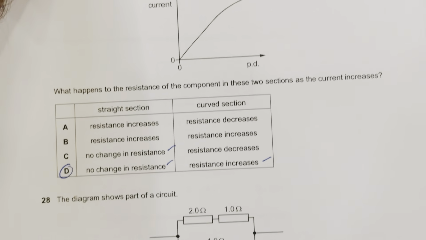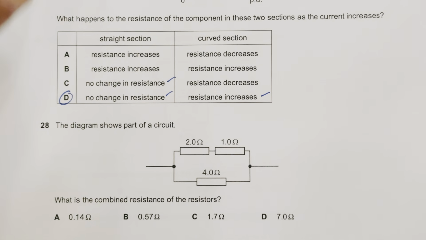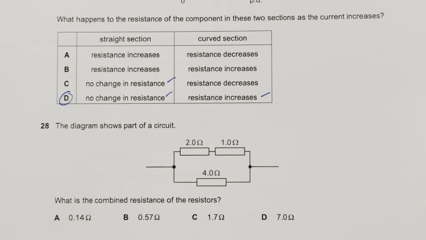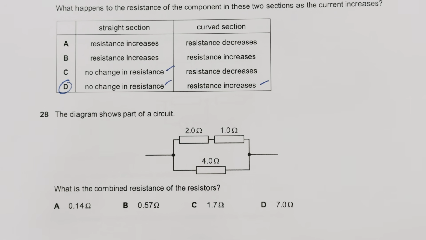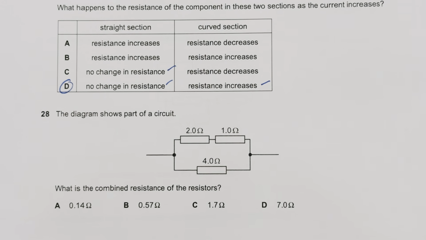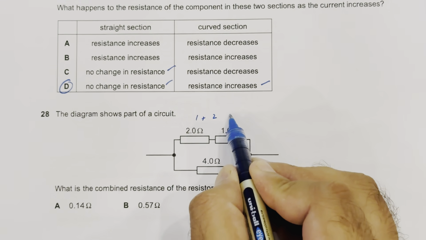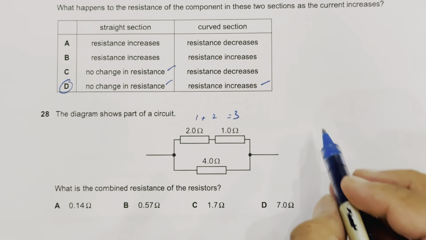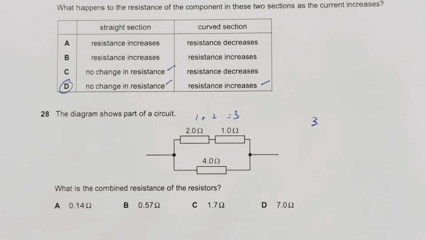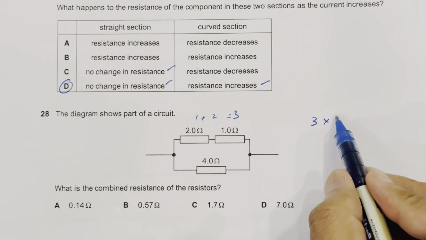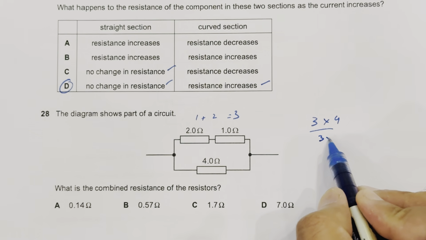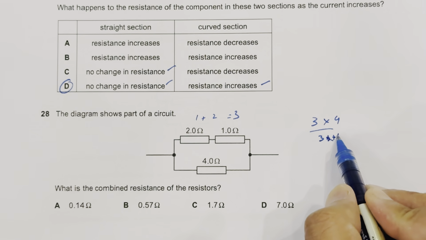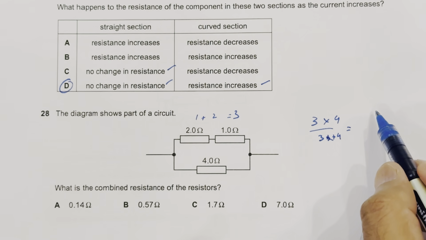Moving to question number 28. Again, this topic is from the DC circuit, or you can say from electric current as well. The diagram shows a part of a circuit. What is the combined resistance of this circuit? We know that 1 plus 2 would be equal to 3, and then 3 into 4 over 3 plus 4 gives the answer of 1.7.